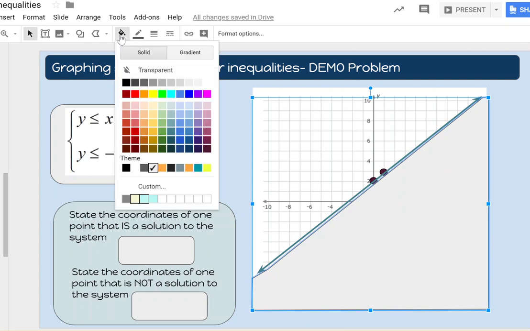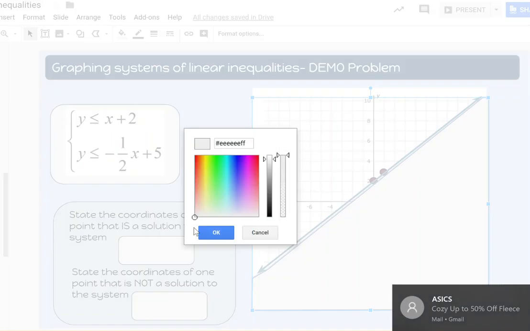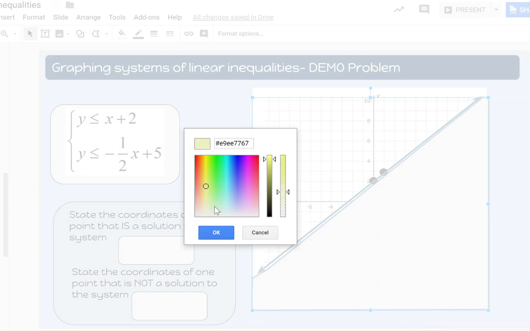Once I get that, and I know I'm going to be graphing two different lines, so I like to usually choose something like blue and yellow. That way, when I see the overlap, I know that it makes green. So there is my yellow.